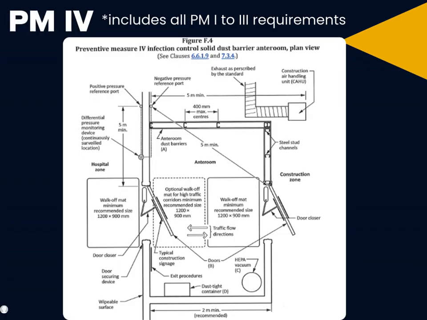Take a look at the images highlighting Preventative Measure 4 barriers. The anteroom should have a dedicated HEPA vac and follow proper exit procedures. It needs to be large enough so materials can be brought in while keeping only one door open at a time to maintain pressure. Pay attention to placement of the walk-off mat and the manometer setup as well.